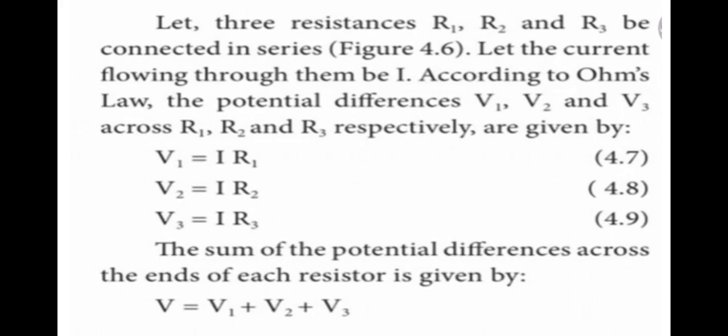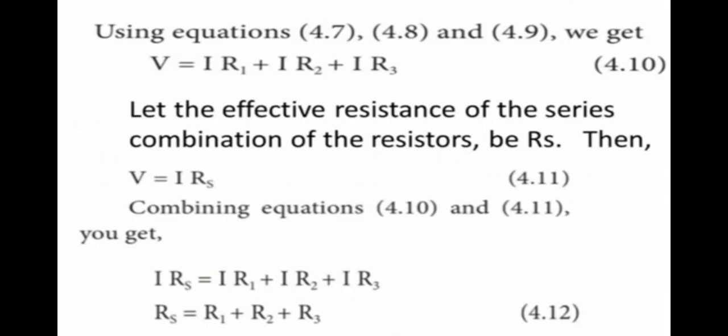The sum of the potential differences across the ends of each resistor gives the total, so V is equal to V1 plus V2 plus V3. Using equations 4.7, 4.8, 4.9, we get V is equal to I R1 plus I R2 plus I R3.